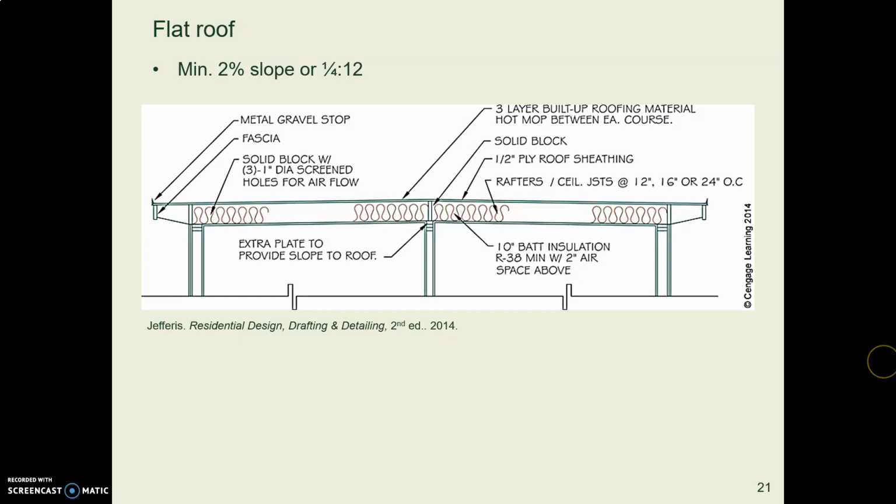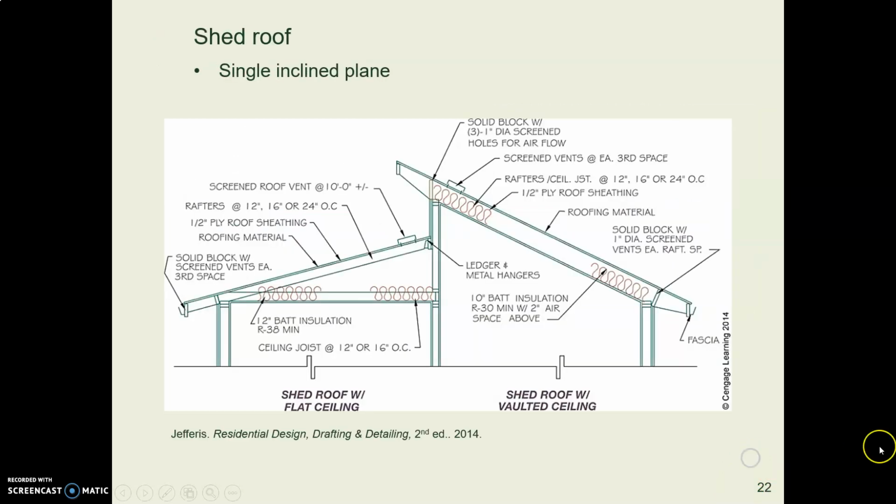The building code requires that even with a flat roof, we have to have at least 2% slope for the water to run off. And those of you who are doing outside work, like concrete work for sidewalks and patios, we're required to have a 2% slope outside as well for the water to run off.